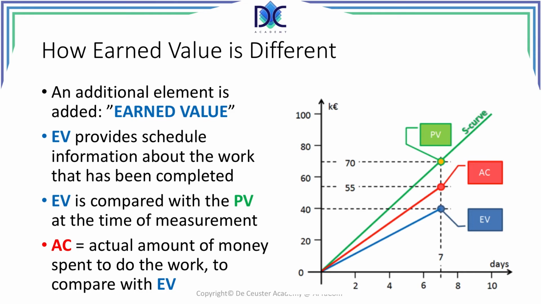Every time we create a deliverable, we create value, which is the earned value. So in our case here, in week 7, we created an earned value of 40,000. So we created a number of deliverables that together represent a value of 40,000.